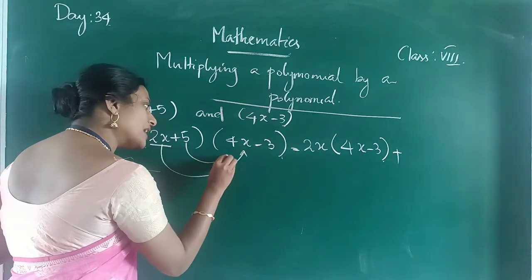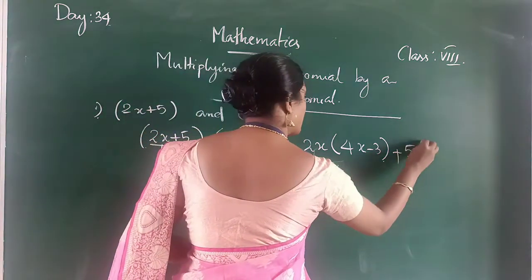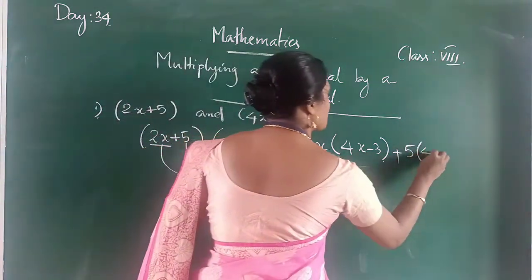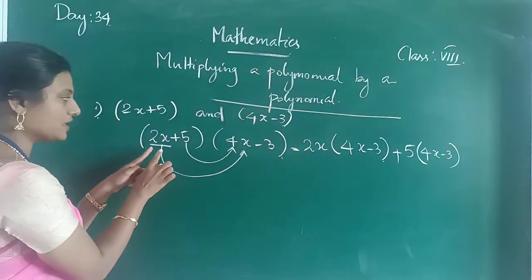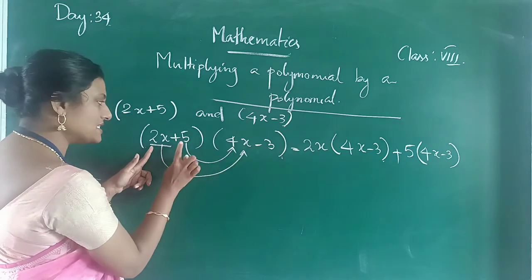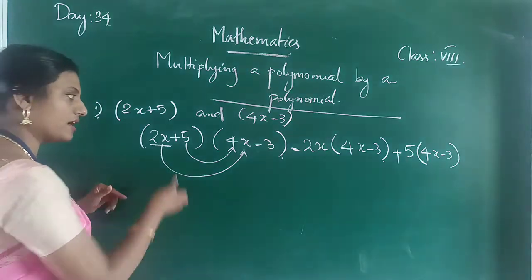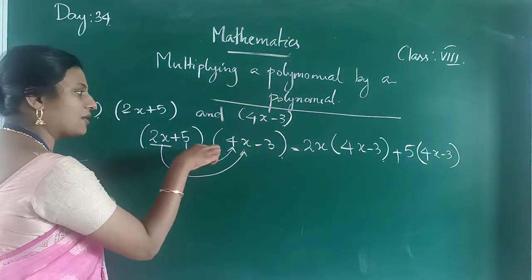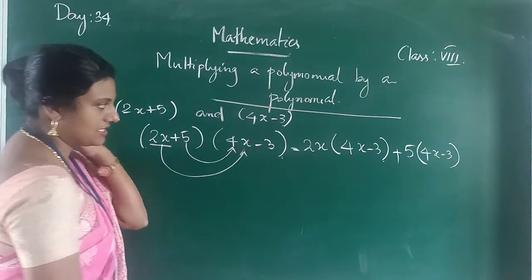Second term also you have to multiply with the second bracket, that is plus 5 into 4x minus 3. Understood? That is first term 2x in a second bracket multiply plus second term 5 in second bracket multiply. Always use this arrow. Okay. Then you will not make mistakes.